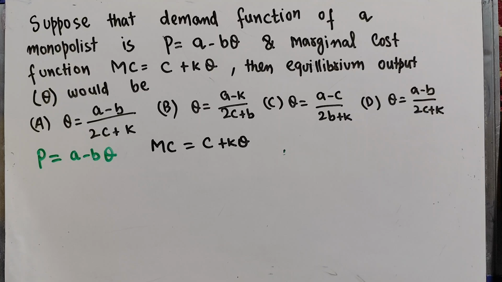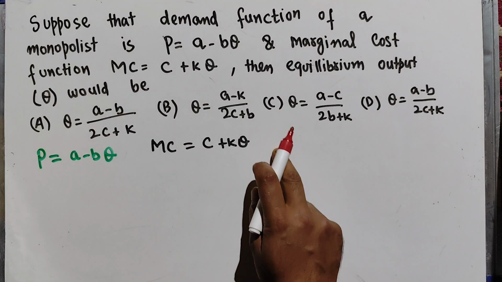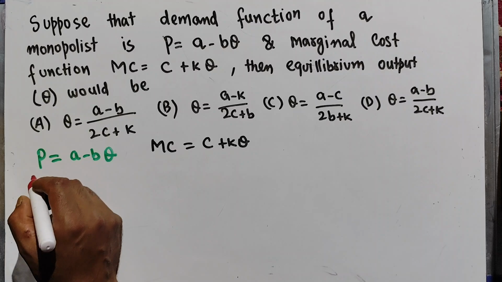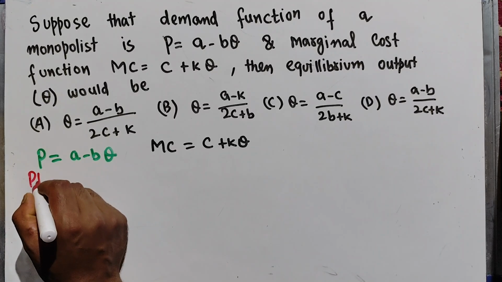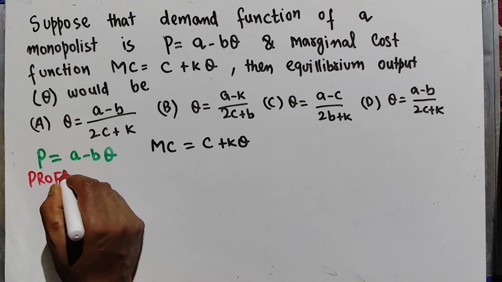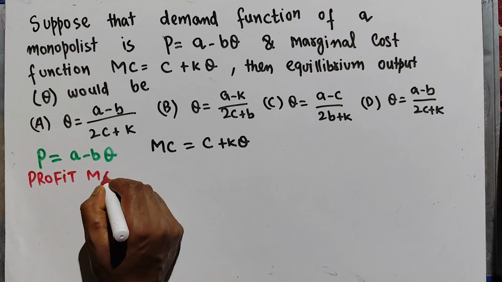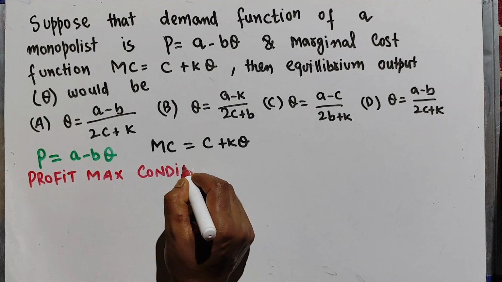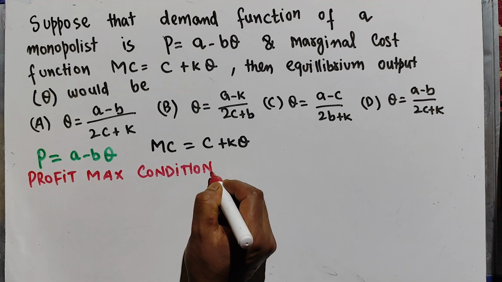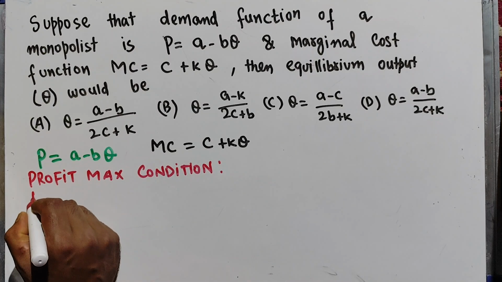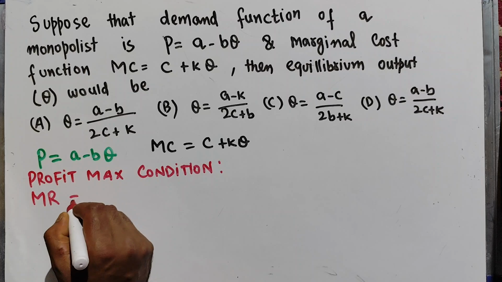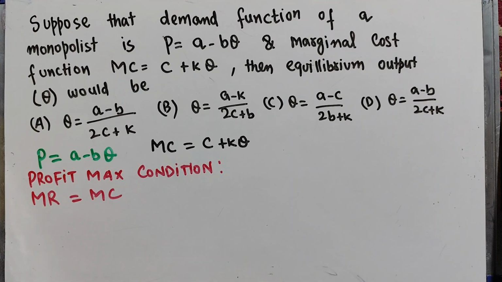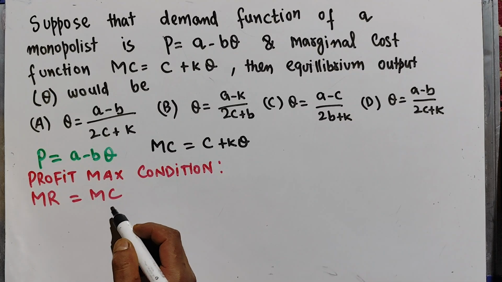And we also know that the profit maximizing condition for a monopolist is that he equates the marginal revenue with the marginal cost. Marginal revenue is not being given to us, but marginal cost is being given.